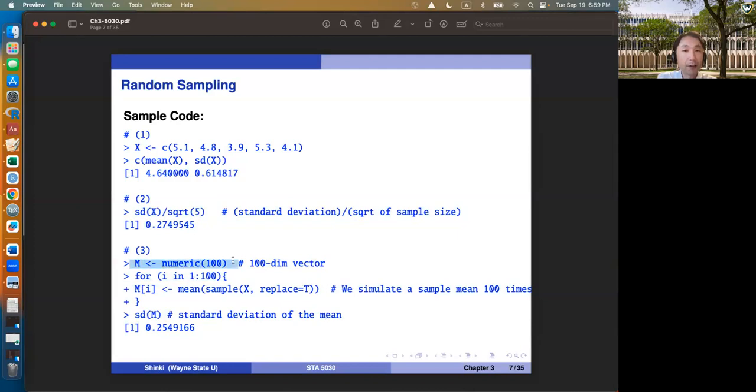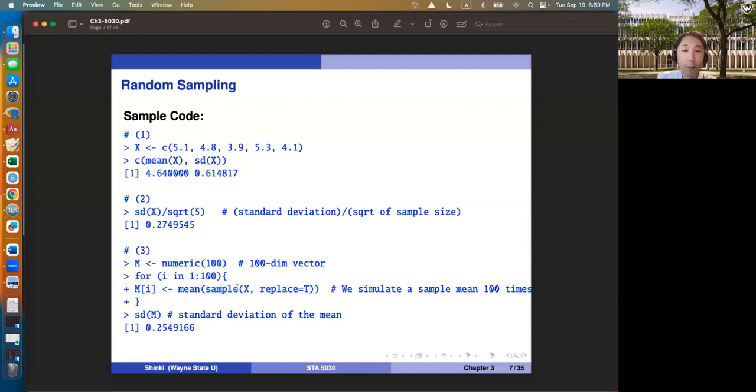At first we prepare a vector M, a vector of 100 zeros. Then we fill out this vector by this simulation. For i equal to 1 to 100, we take the sample mean of 5 observations with replacement.